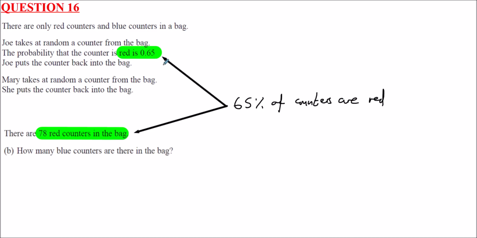If each counter has a 65% probability of being picked and each counter is of an equal size, then it stands to reason that 65% of all the counters must be red. So applying words to this gives us this expression. Putting the numbers in, the number of red counters is 78. So therefore, 65% of the counters must be 78.